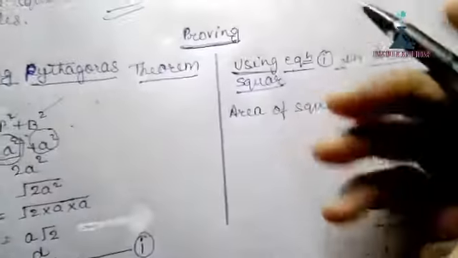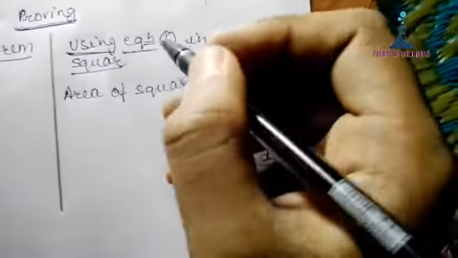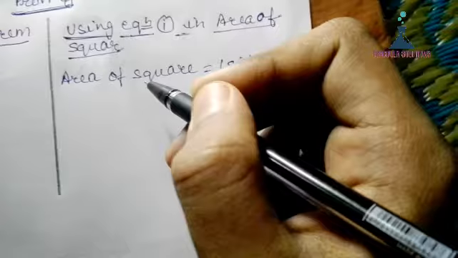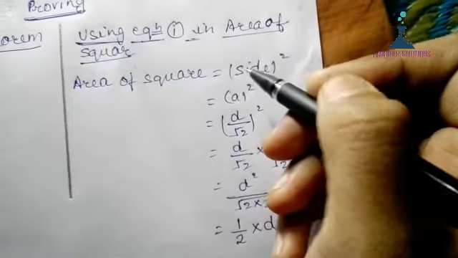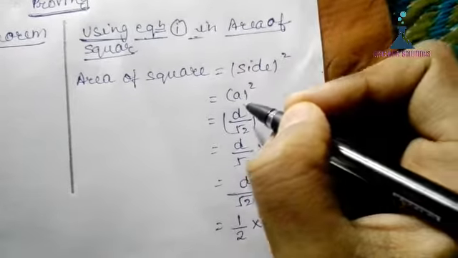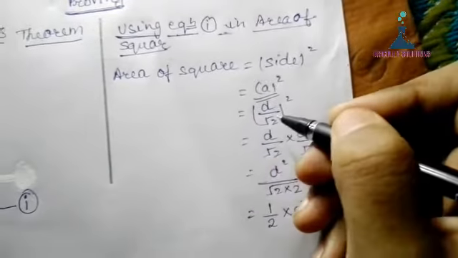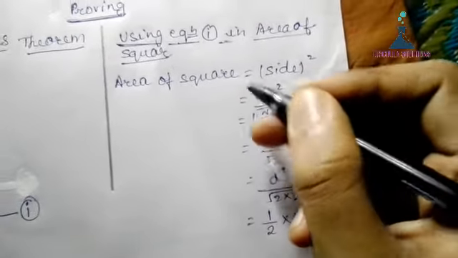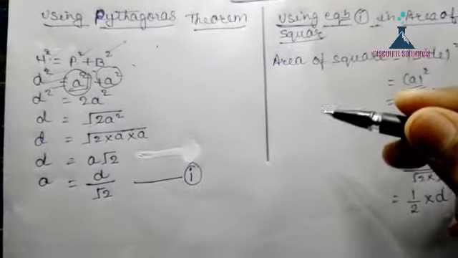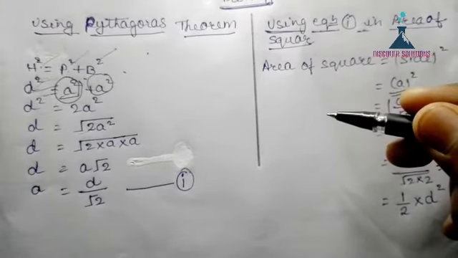Now let's move forward. So friends, now I'm going to use equation 1 in the normal formula for finding the area of a square, that is side square. So friends, we know that the area of a square is equal to a square. Now we have found the relation, and in equation 1 you can see that the side of a square is equal to the diagonal divided by root 2.